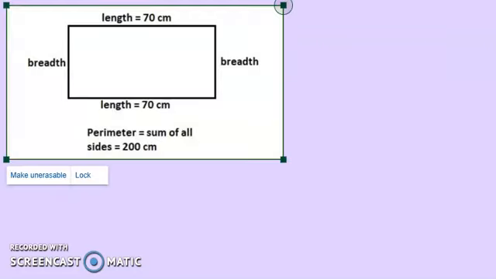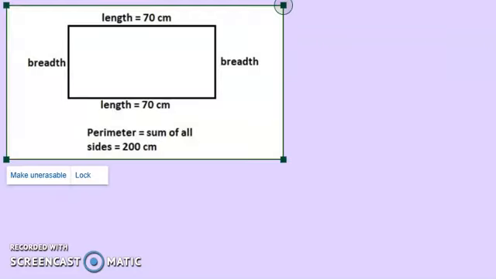Now here before you is a diagram that is called a rectangle. ABCD, as you can see, is a rectangle where length of AB is 70, breadth is not known to us.